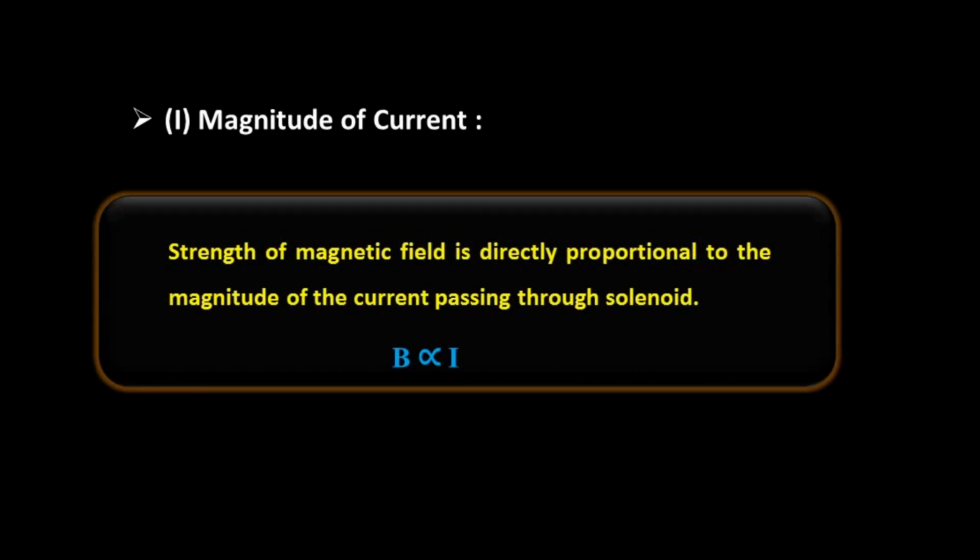Strength of magnetic field is directly proportional to the magnitude of the current passing through the solenoid. If current increases, magnetism increases. If current decreases, magnetism decreases. That is, B is directly proportional to I.